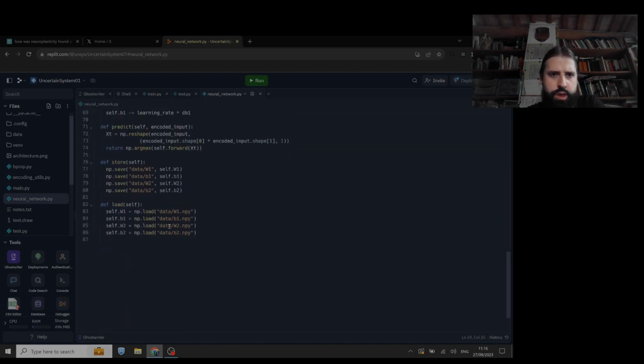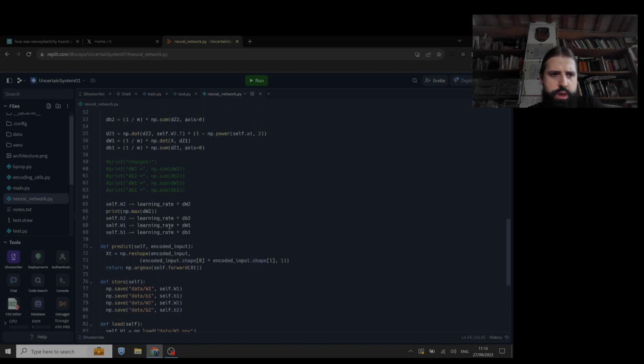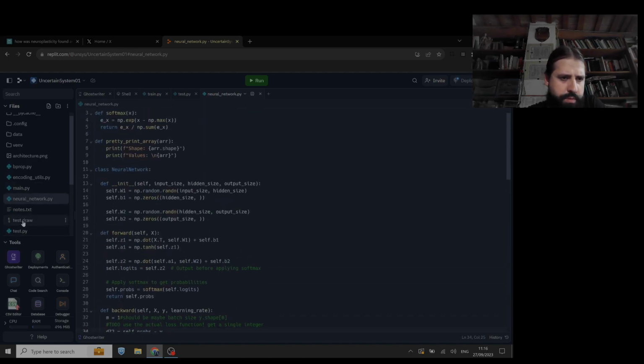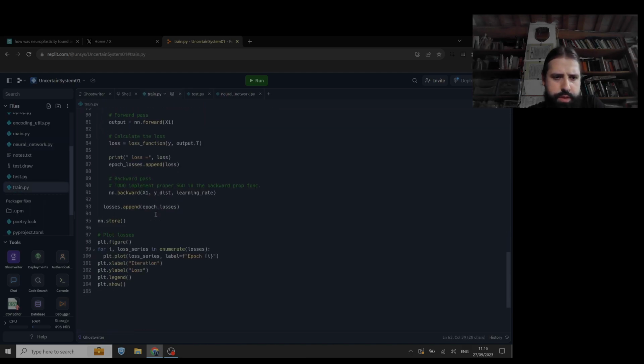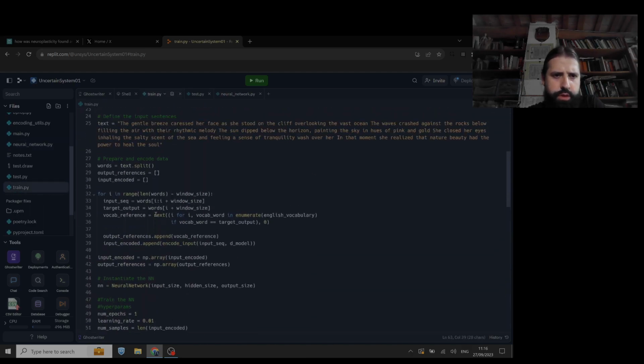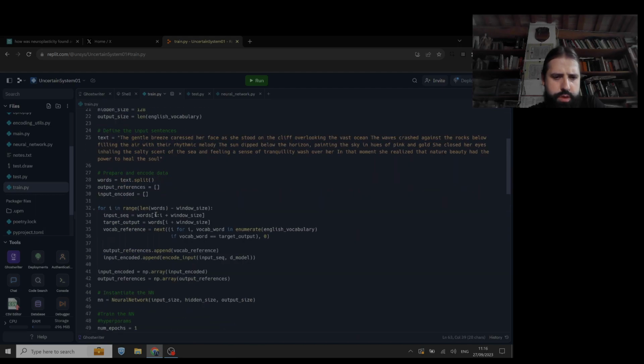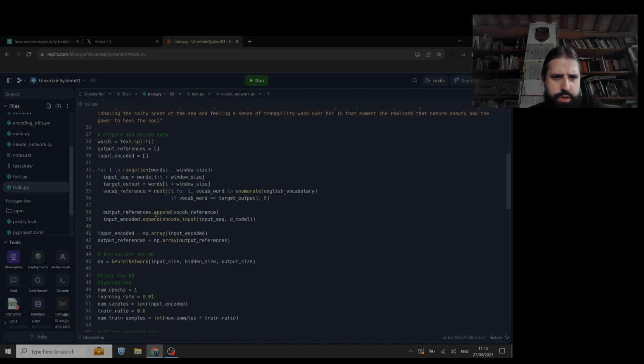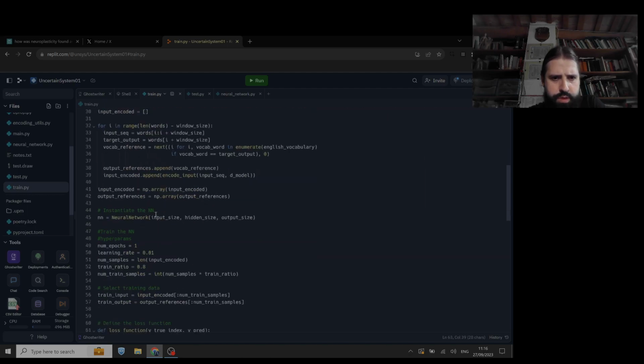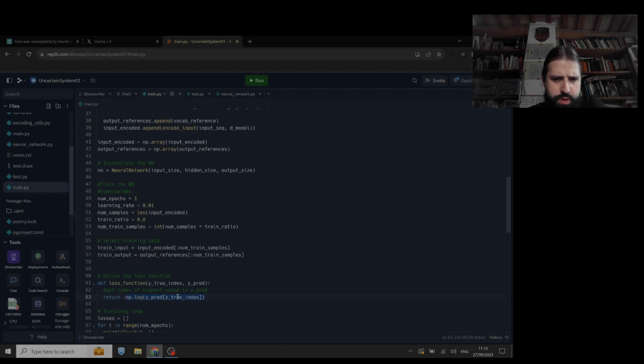That's what the loss function is doing here. Something like taking a look at stuff like that.